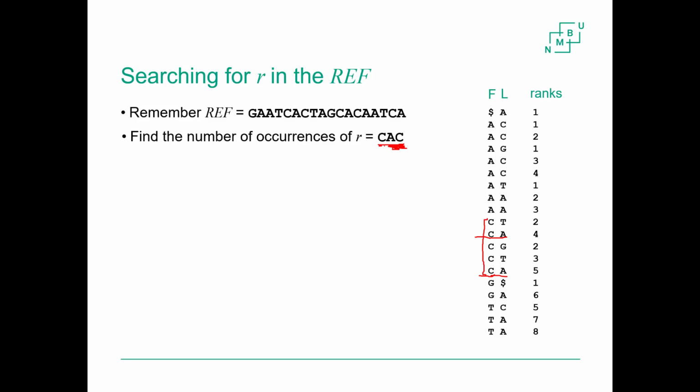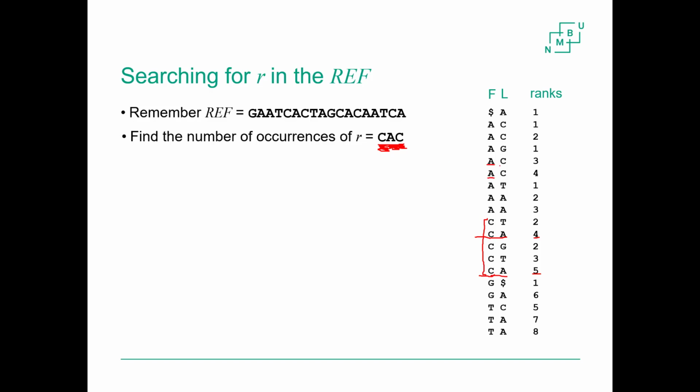And then we look at the suffix of length 3, the preceding symbol here, and now we need to use these ranks, right? Because this A had rank 4 and this A had rank 5. So now we need to go back into the F here and find A number 1, 2, 3, 4 here and 5 here, right?